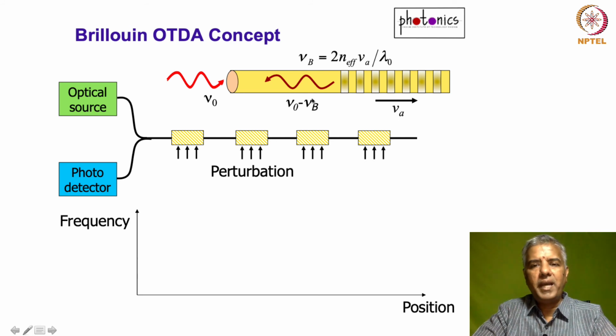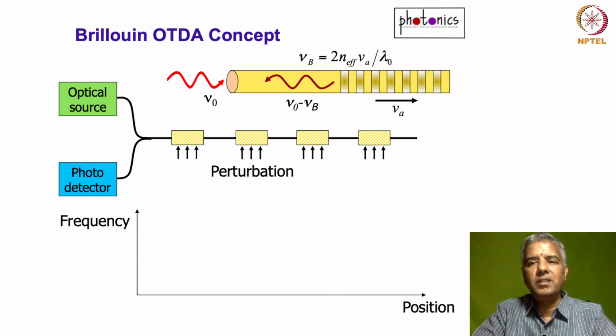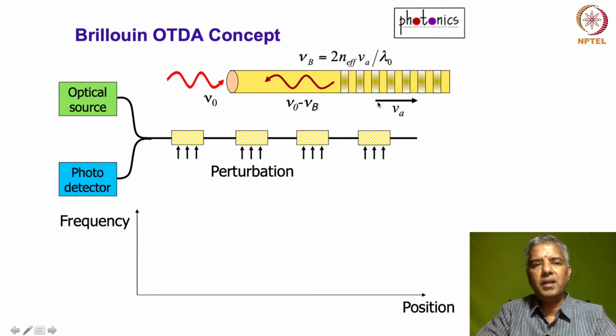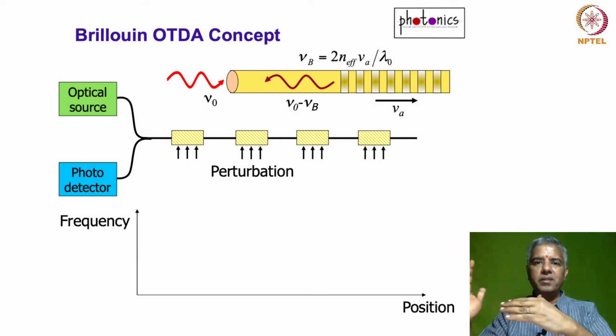And this backscattered signal is going to be downshifted in frequency. Why is it downshifted? Because this grating is going to move in the direction of your optical wave, but it will move only at a slower speed, corresponding to the acoustic velocity in this material. That's what VA is. So it is like having a Doppler effect, like a wave going towards a moving mirror, right?